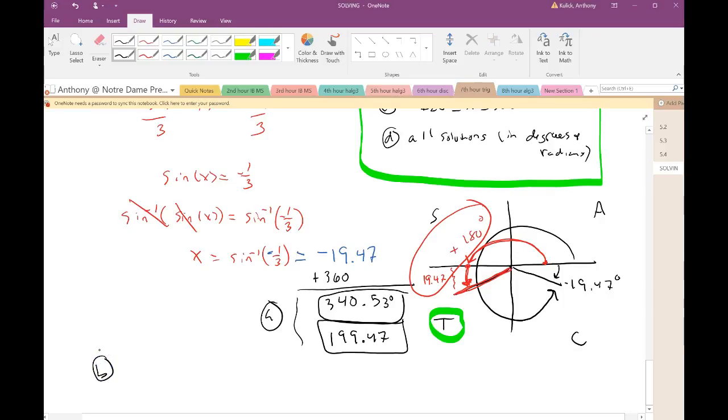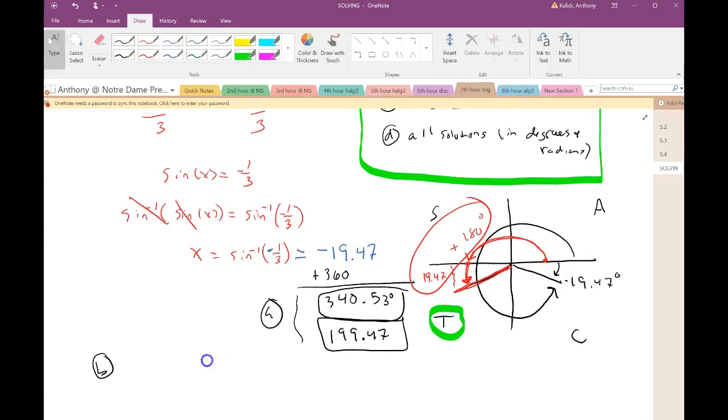In part B, we ask you to solve the same equation, but we want our answers from 0 to 2 pi. So what do we need to do to that? I just need to convert these two from degrees to radians. Does anybody remember what the conversion is from degrees to radians?